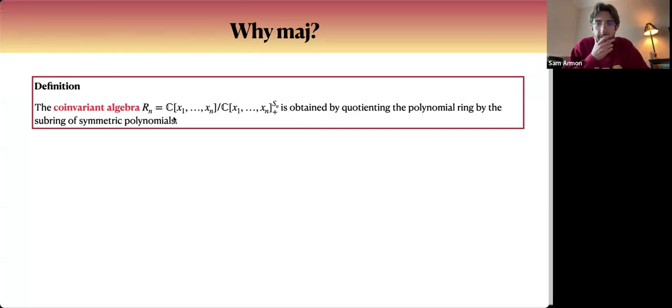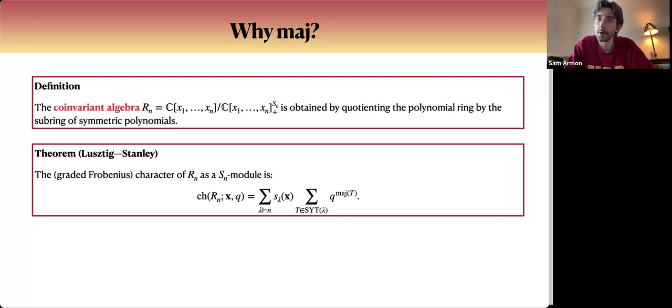We define it by taking the full polynomial ring in n variables and quotienting out by the ring of symmetric polynomials that have no constant term. So the coinvariant algebra is what we're left with: everything that's not invariant under the action of variable permutation.